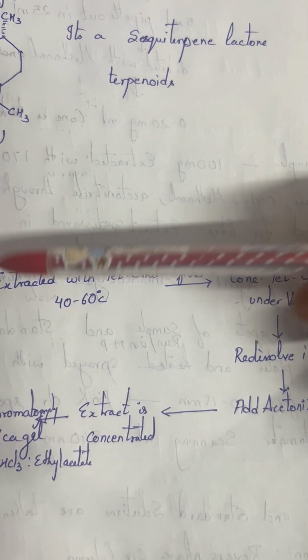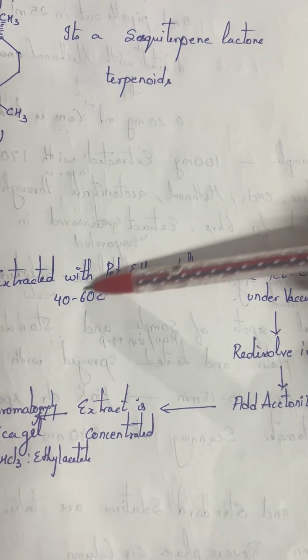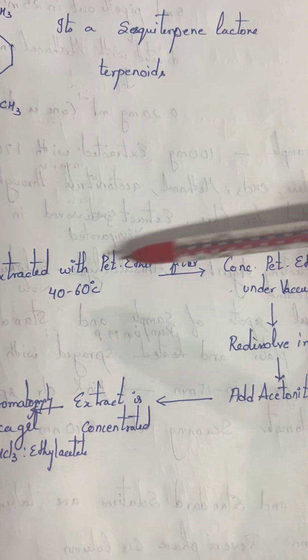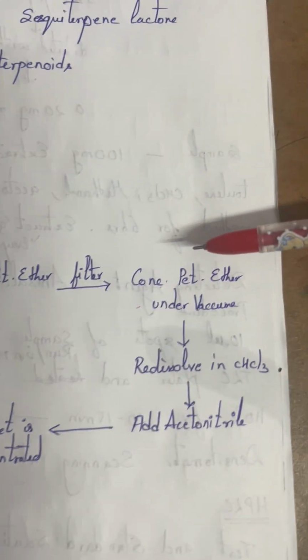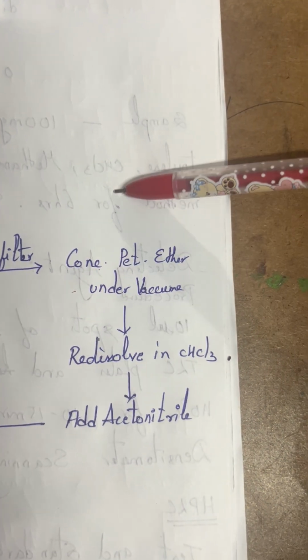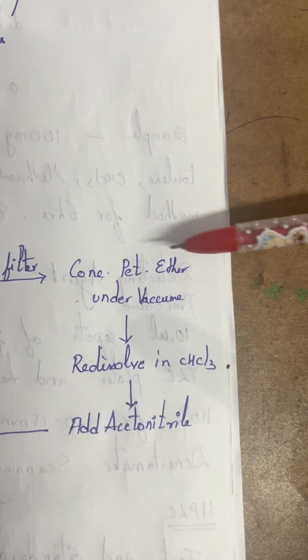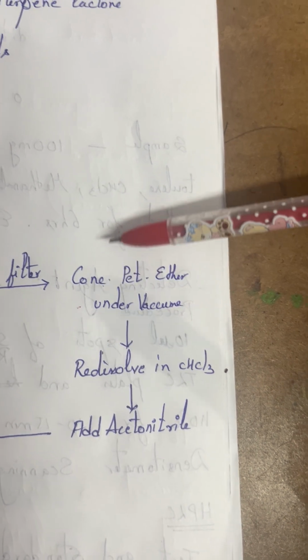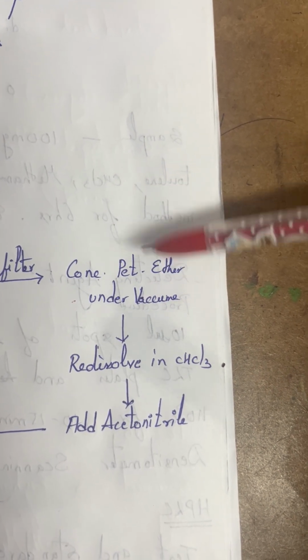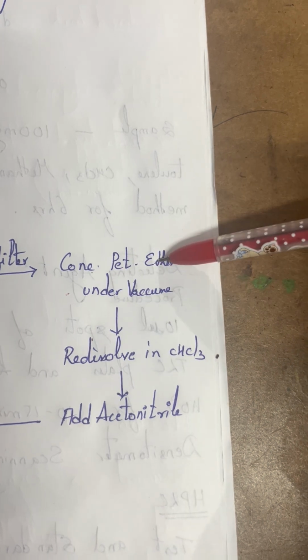After the filtrate is obtained, we concentrate the petroleum ether layer under vacuum.